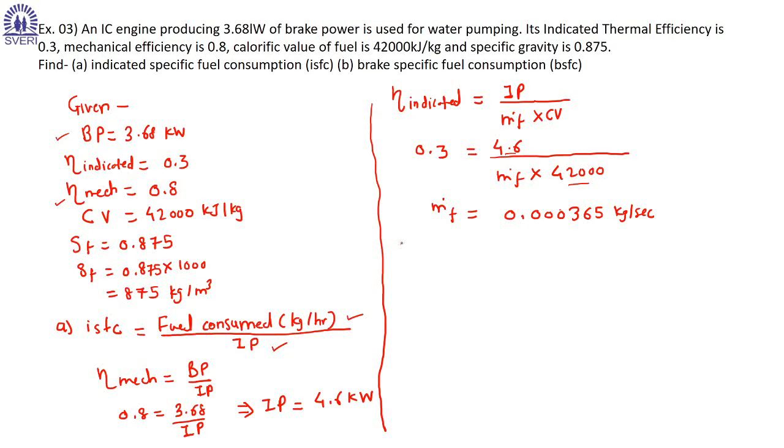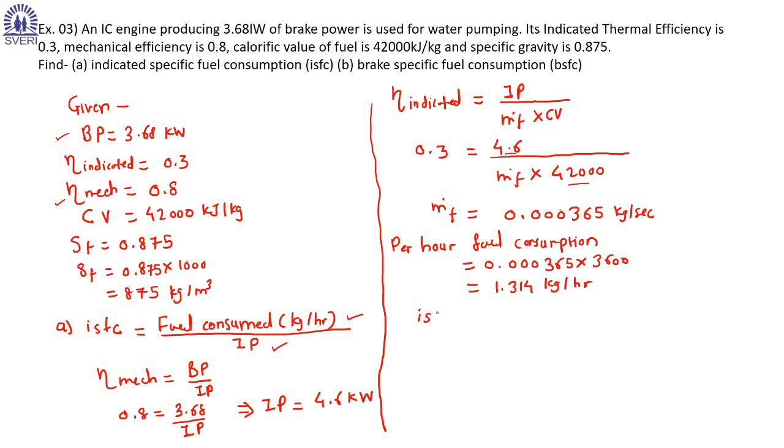So per hour fuel consumption will be equal to 0.000365 into 3600. So this will give you 1.314 kilogram per hour. Now I can calculate ISFC easily.